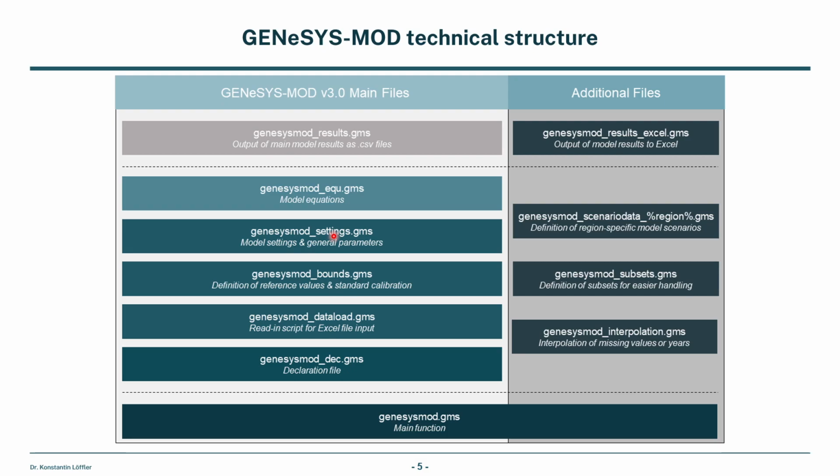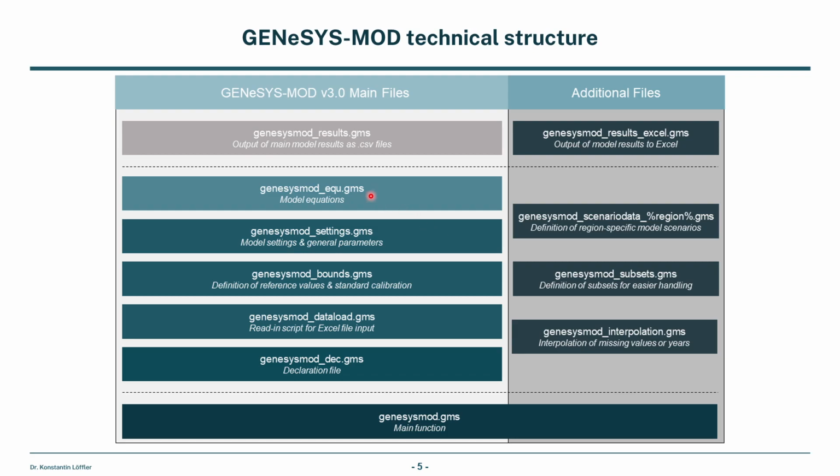And the GENeSYS-MOD settings are then for overall settings, essentially relevant model parameters, things like which years to consider, things that are usually not changing too much and therefore are not in the Excel file, but instead settings that you can set in GAMS.